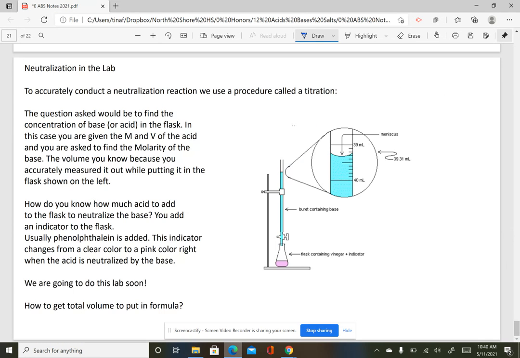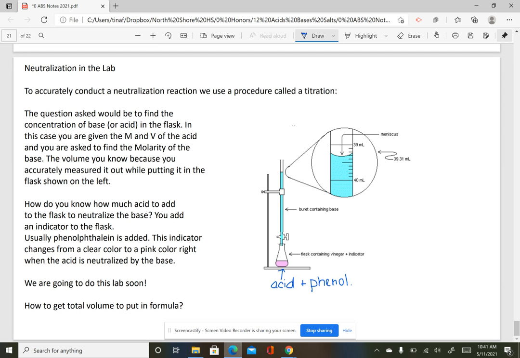All right, and finally, guys, this is a picture of a titration setup. In a nutshell, we usually start in class by putting our acid in this container plus phenolphthalein, which is an indicator.